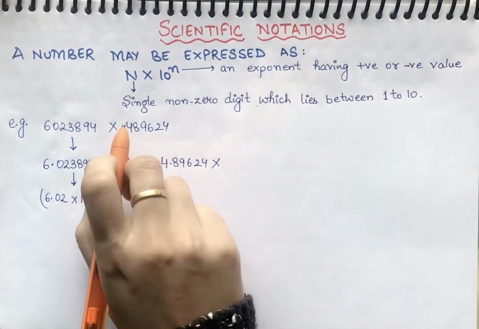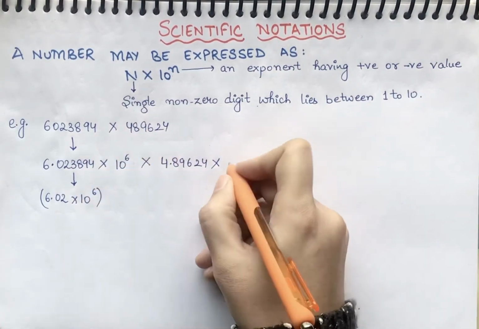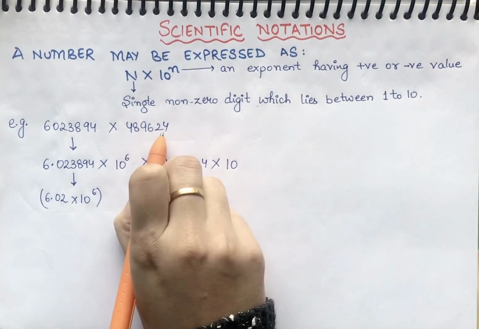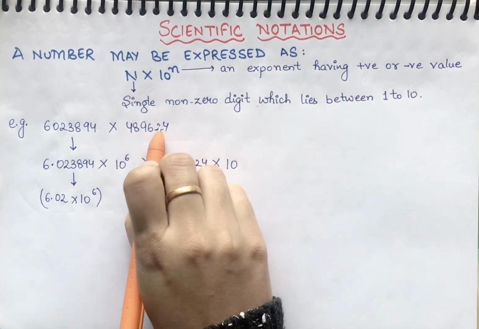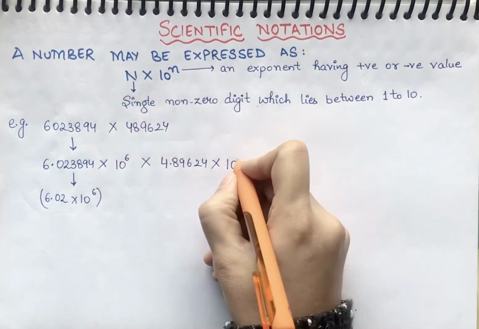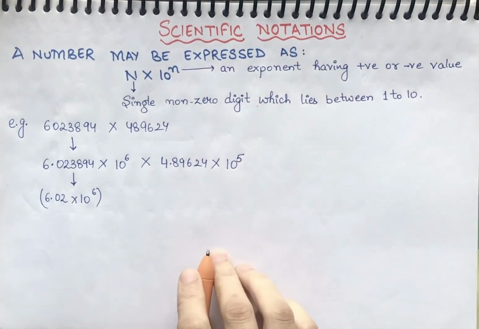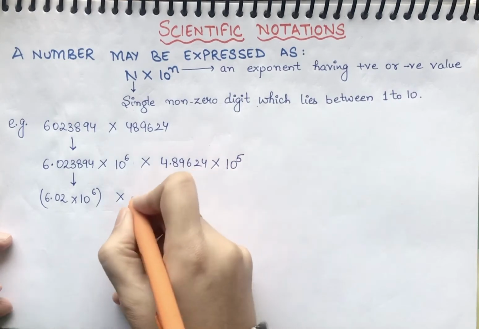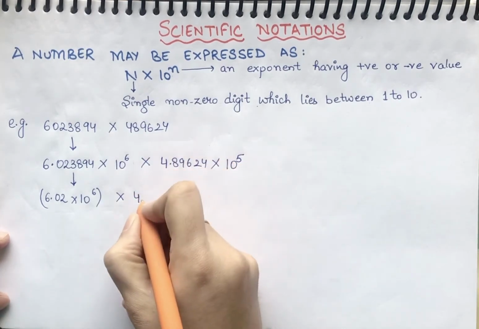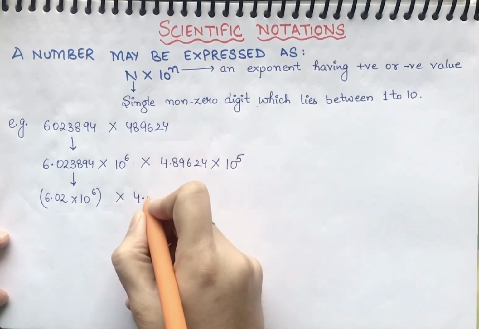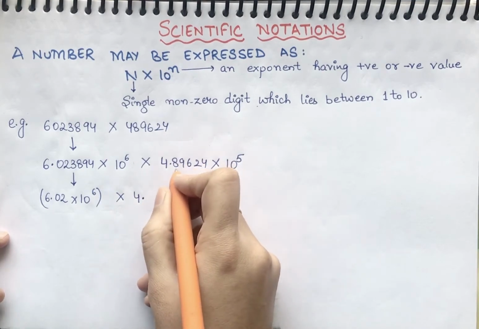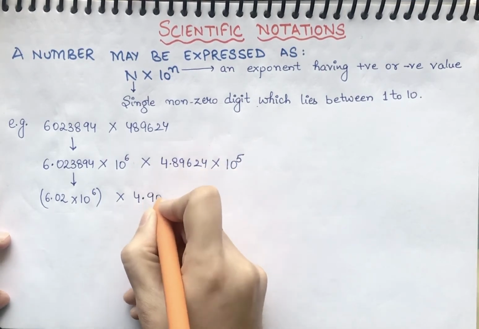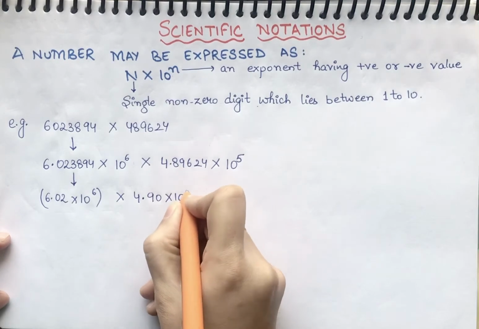I have put the decimal over here, so for 10 raised to power, how many digits remain? 1 2 3 4 5. So I'll write 10 raised to power 5. Right, now I'll simply round off this value, so I'll write 4.89. So I'll round off this value, so it will be 4.90 into 10 raised to power 5.